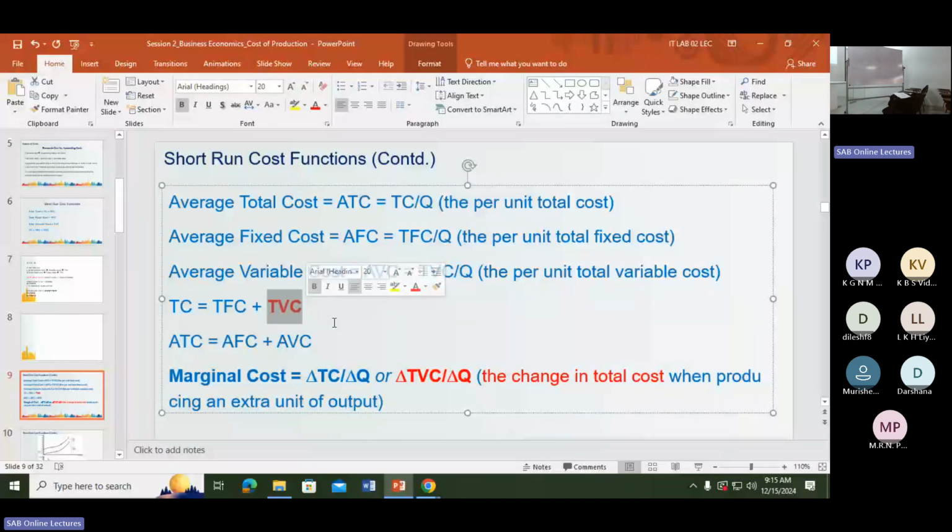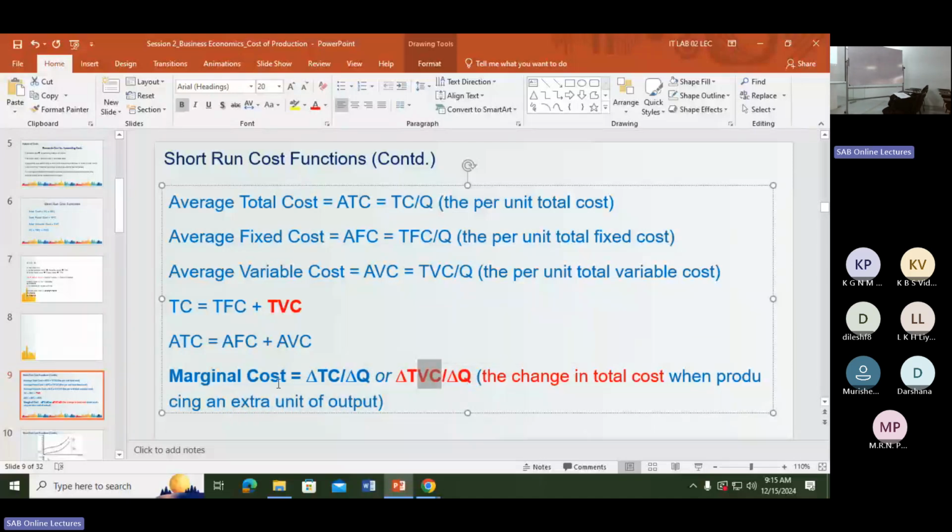Therefore, we can calculate the marginal cost using this formula as well: change in total variable cost divided by change in output level, because when producing an extra unit of output, only total variable cost will change.